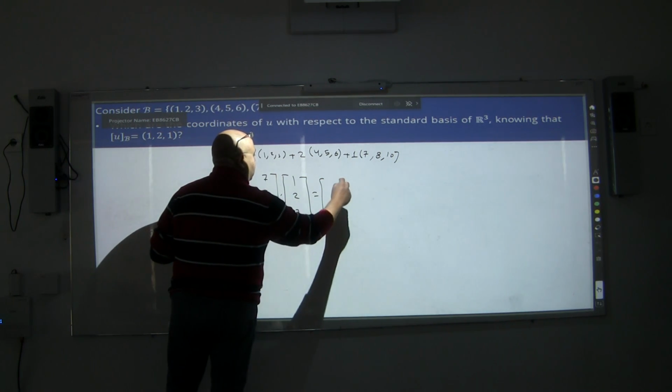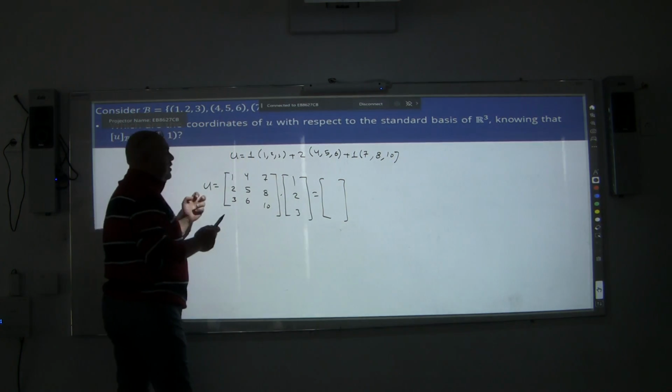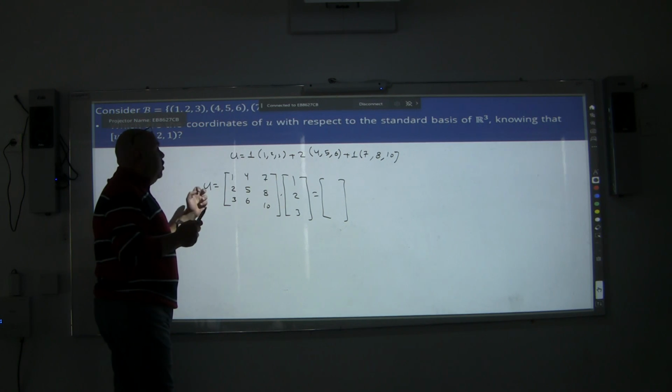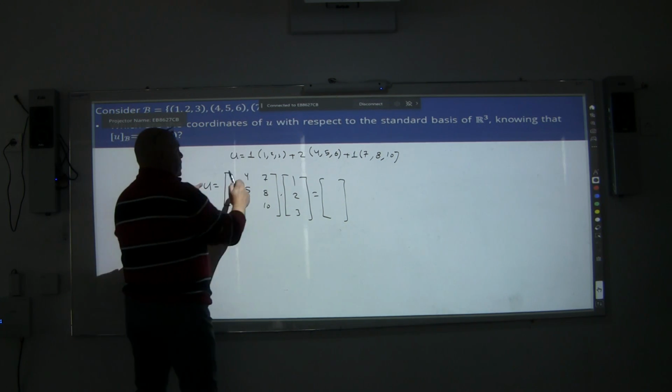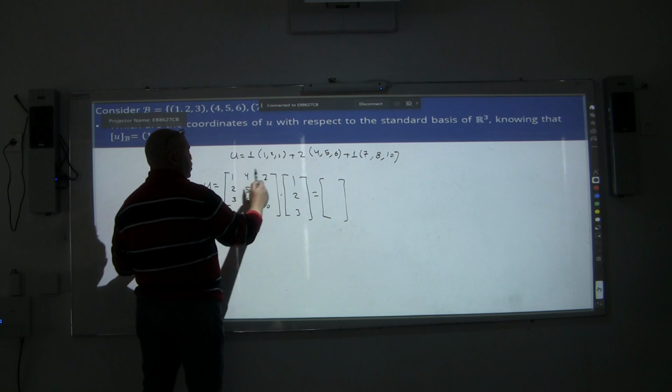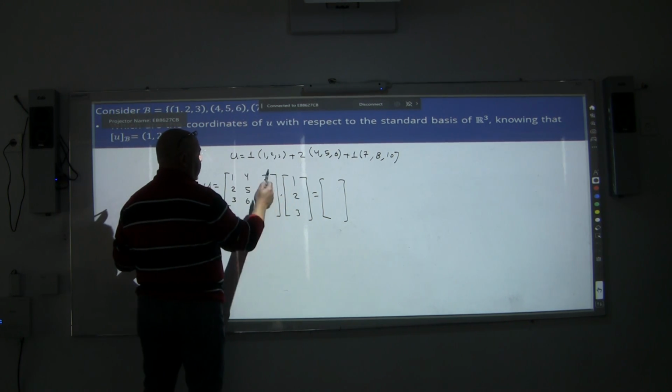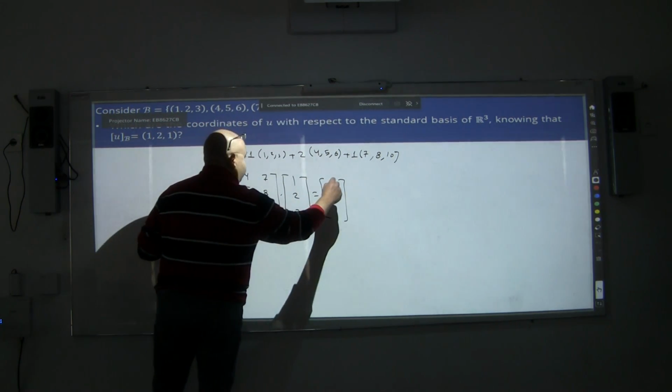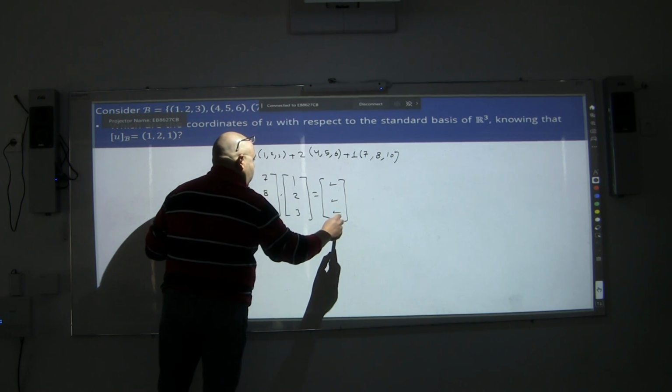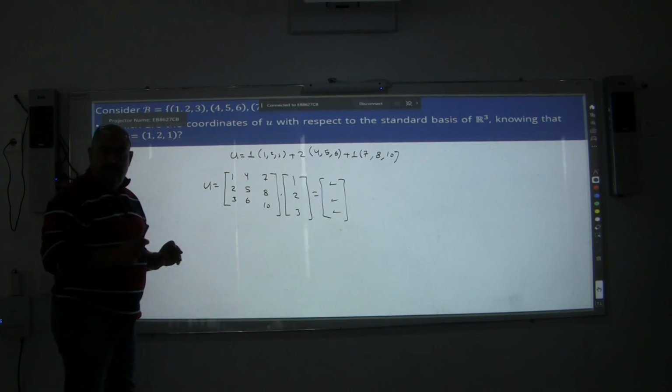And the result will be vector U. These are going to be the components of vector U. So simply multiplying the row by the column, I will be able to get these values of U.